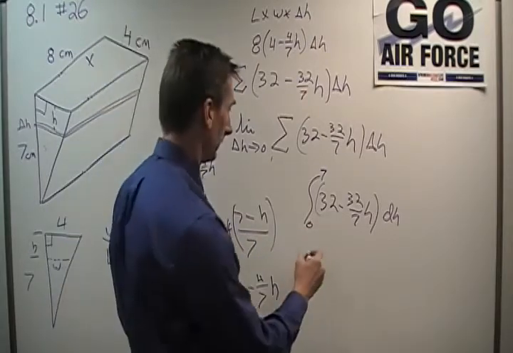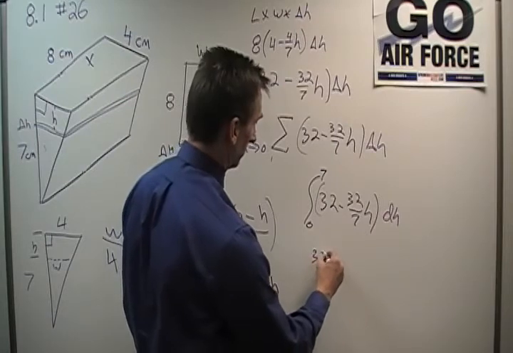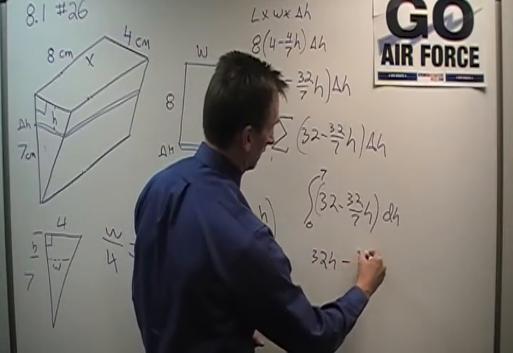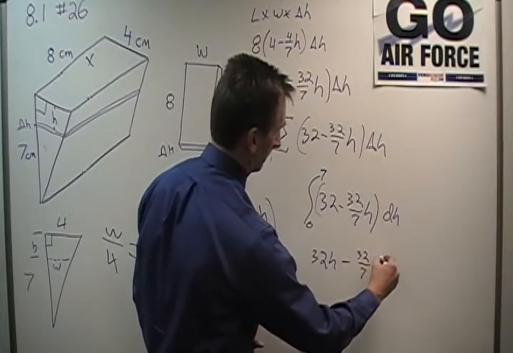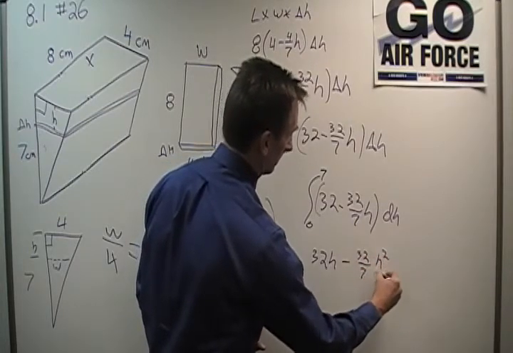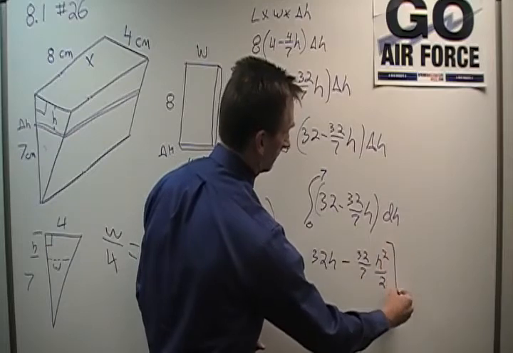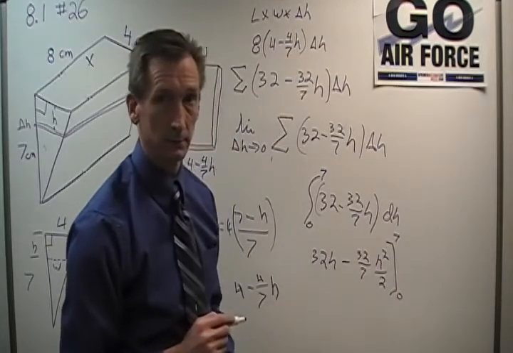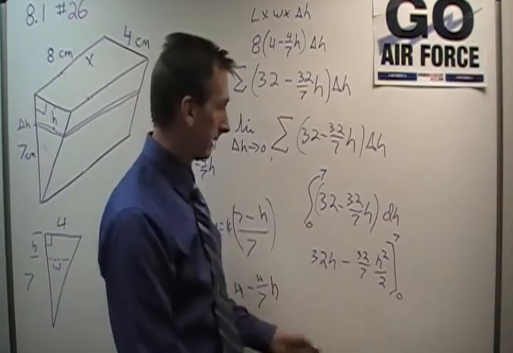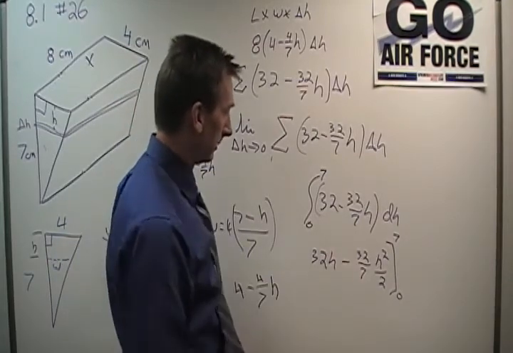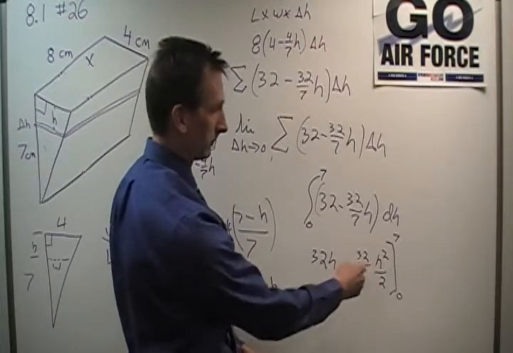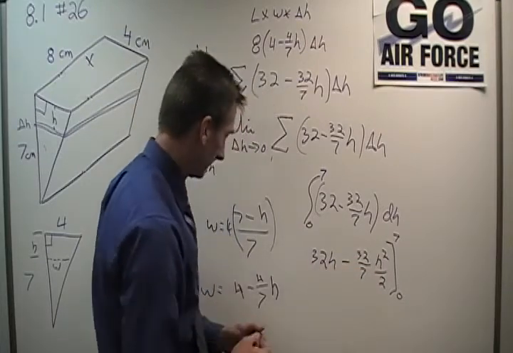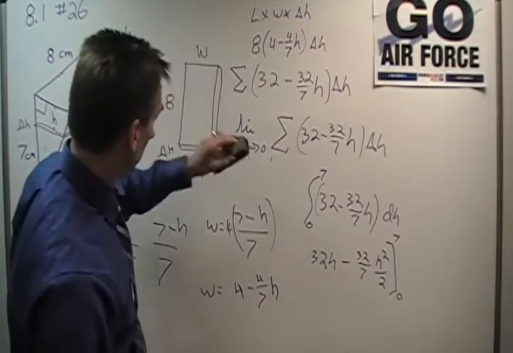Alrighty, now let's just take this integral. Doesn't look too hard. I'm going to have 32h minus 32/7 h squared over 2 evaluated from 0 to 7. We can calculate that quite simply. We're going to put in 7, and then subtract off the value with 0. Let's make a little room on the board here.